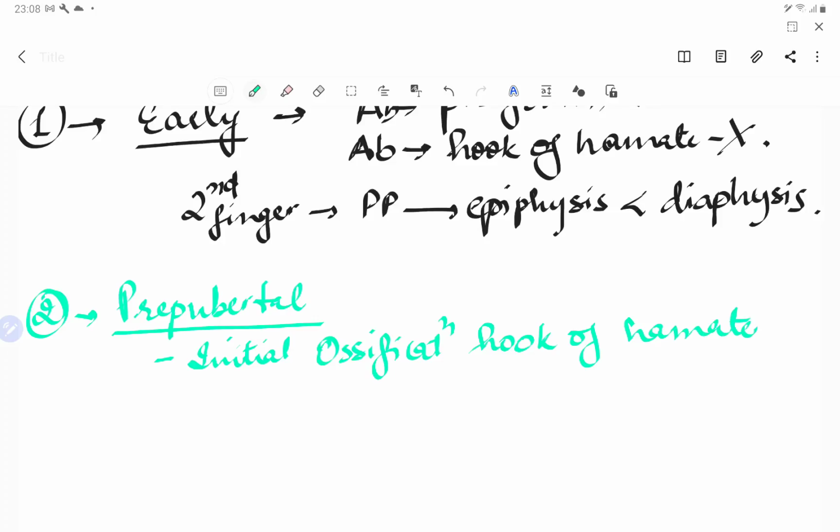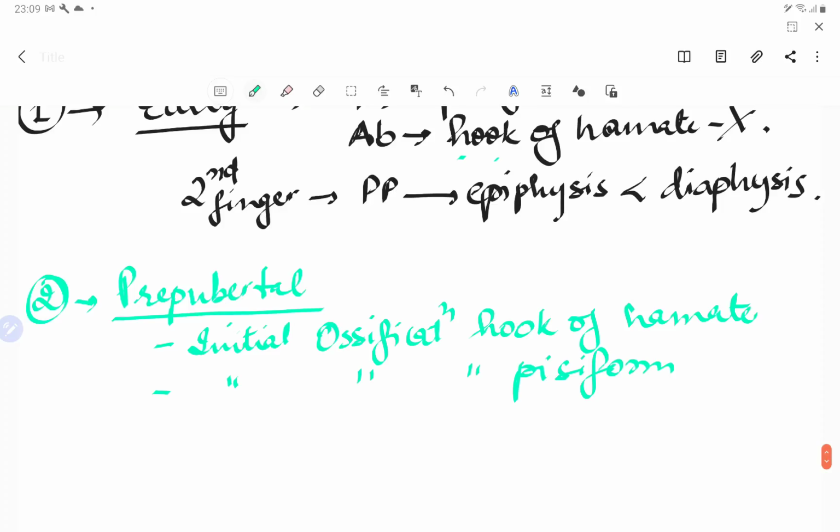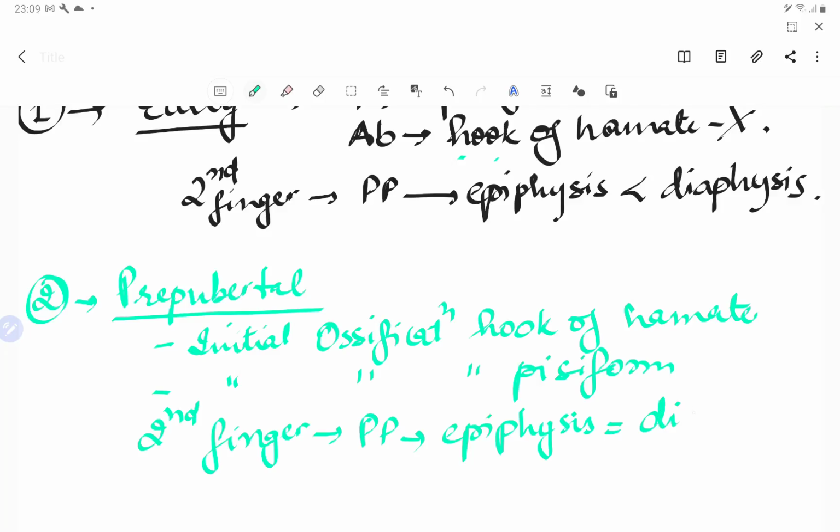Now in the first stage there was absence of hook of hamate, but in stage 2 there is initial ossification of the hook of hamate. Also we see that there is initial ossification of the pisiform. In stage 1 pisiform was absent, but in stage 2 there is initial ossification. And the second finger, proximal phalanx, the epiphysis is now equal to the diaphysis of the proximal phalanx of the second finger.